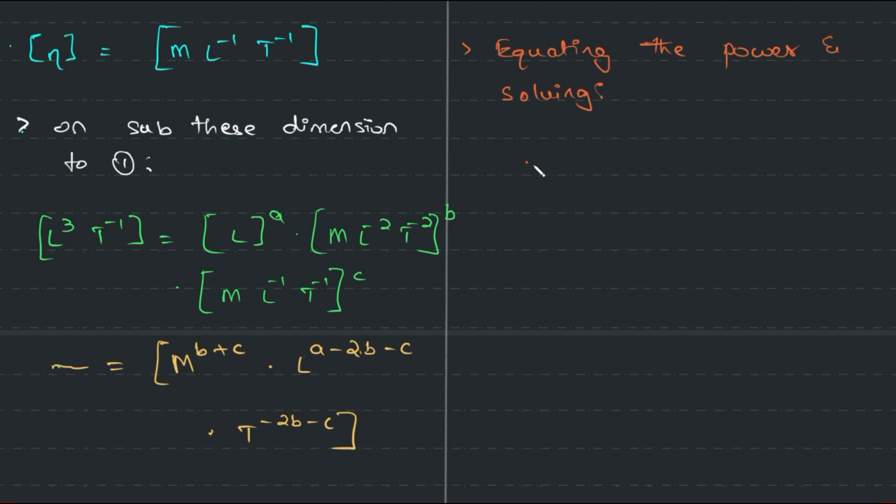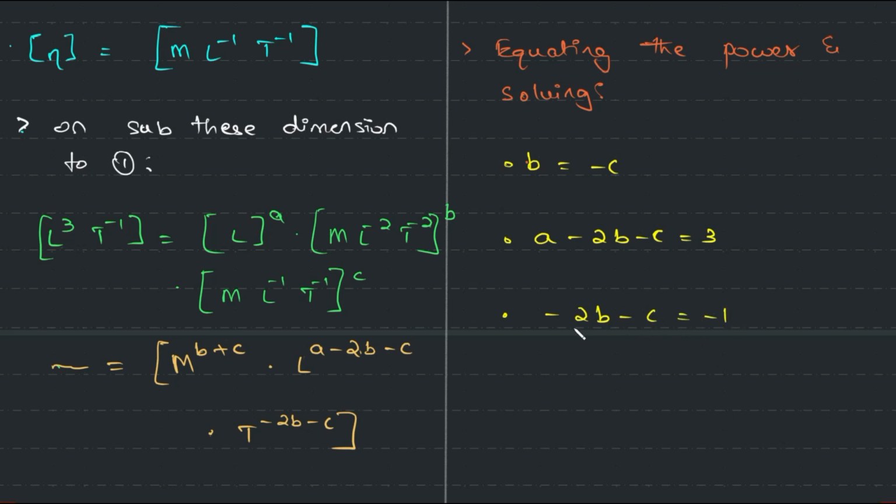So what we have here is B plus C is 0. So B is equal to minus C. That's from M. Then you have A minus 2B minus C is equal to 3. And you have minus 2B minus C is equal to minus 1.